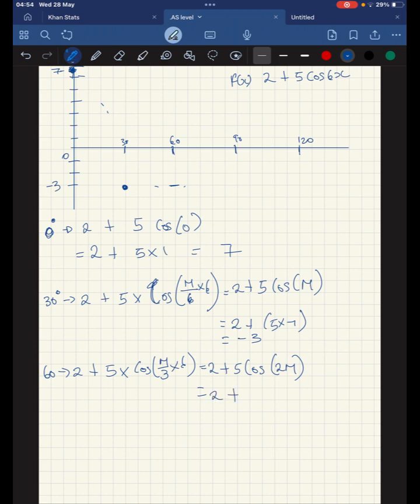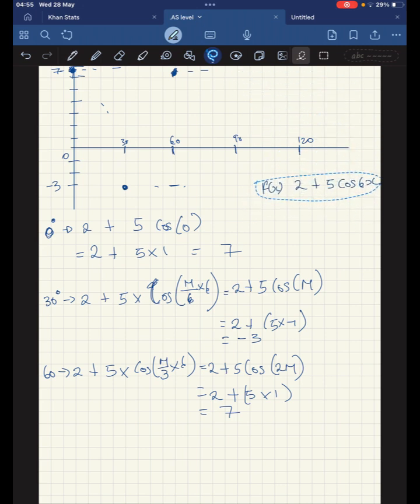So it's going to be 2 plus 5 times 1, which is 7, right? So we know that 60 is also going to be at that 7 point, which is going to be here. Okay, oof. Why did I write that there? Let me see if I can take that somewhere else. Put that there. Okay, cool.